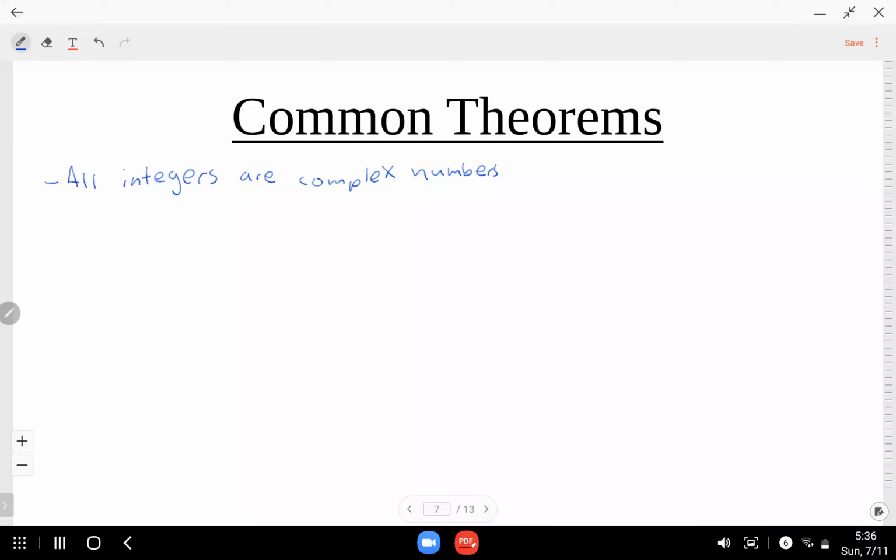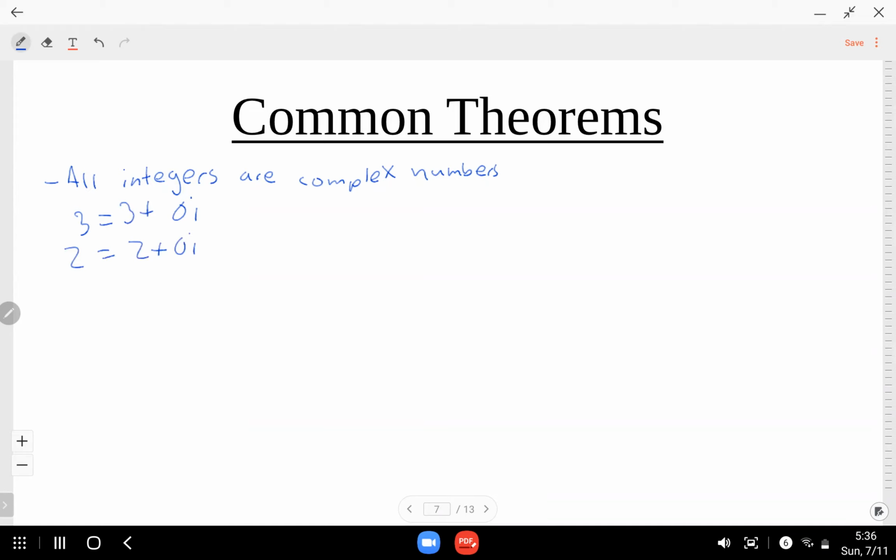Now you might think, wait a second, 3 doesn't involve i in any way. It's an integer. But what is 3? 3 equals 3 plus 0i, so it is a complex number. 2 equals 2 plus 0i, same thing.